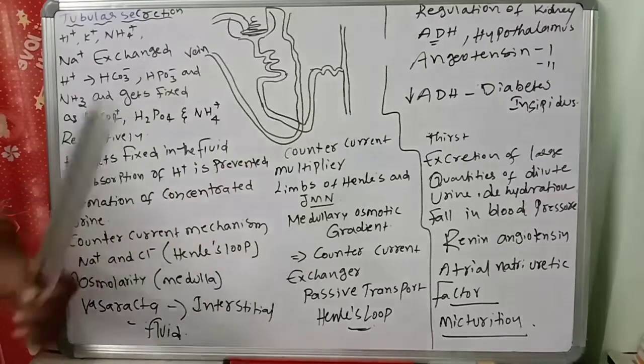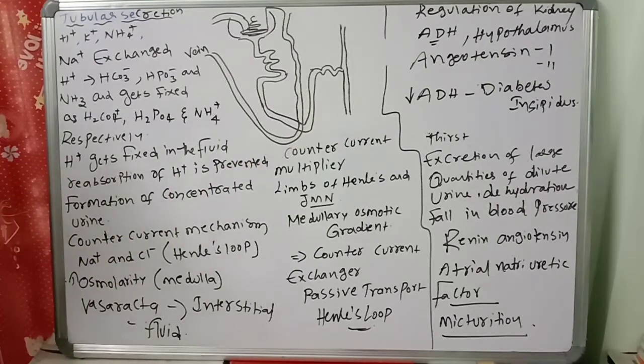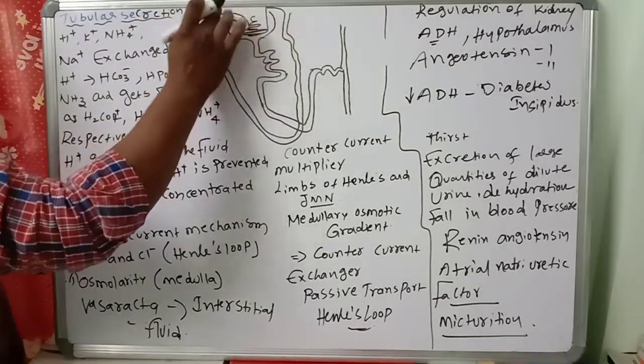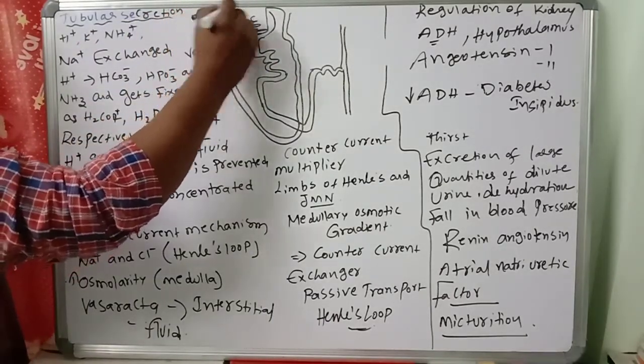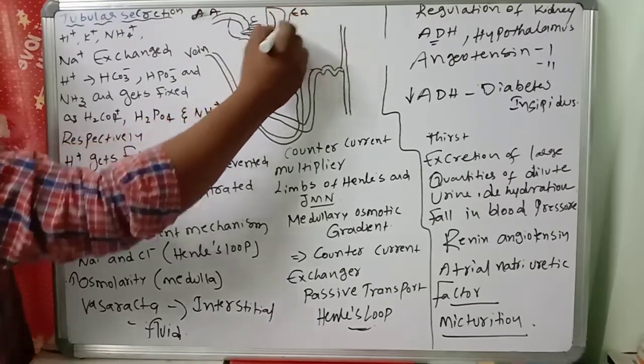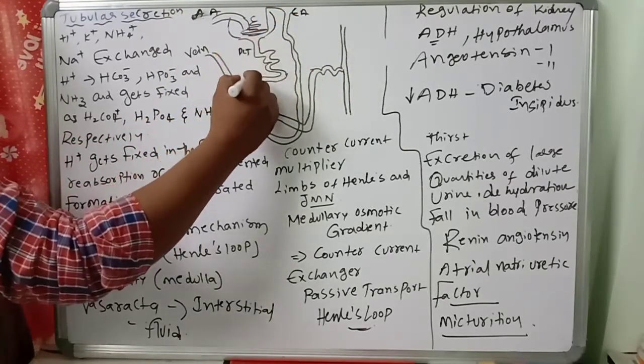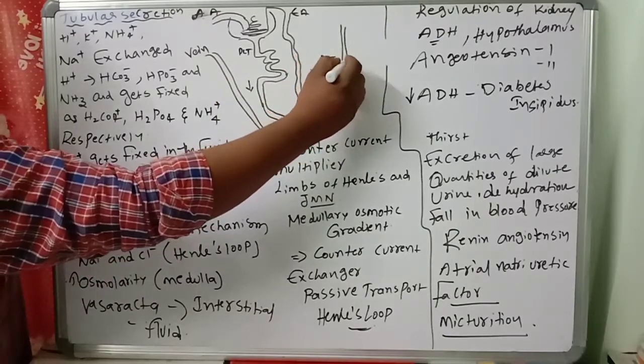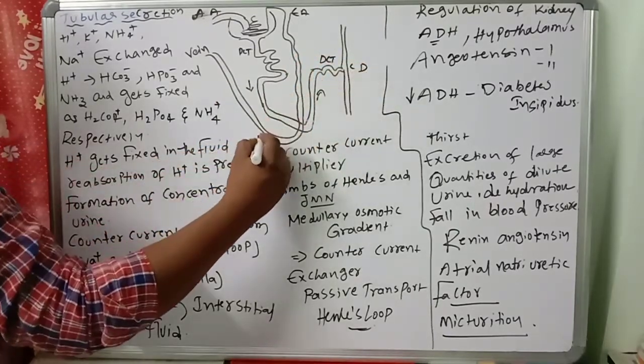So this is a collecting duct. Now if you see the parts, what are the parts here? This is the ascending loop, efferent arterioles, DCT, descending limb, ascending limb, DCT, collecting duct, vasa recta.